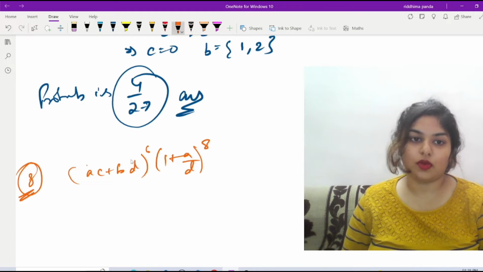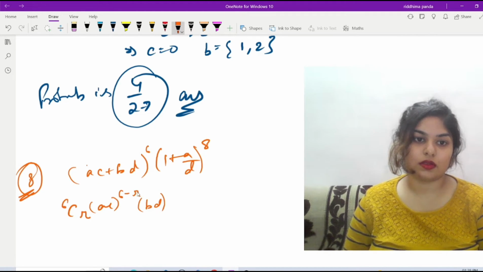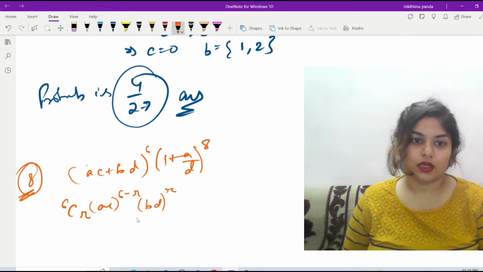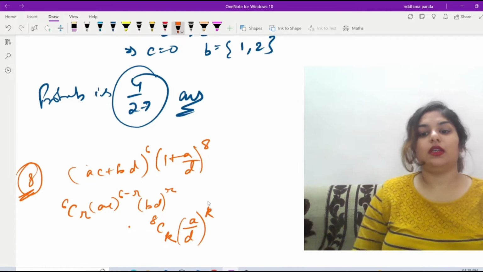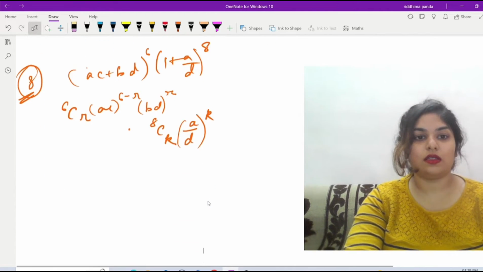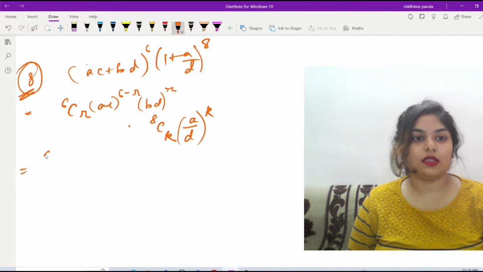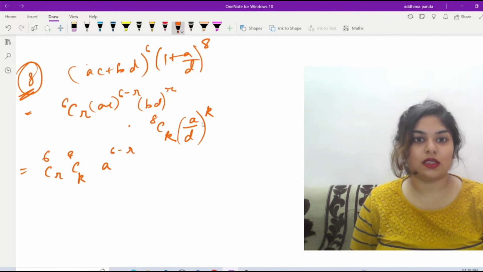First, let us write down the general form of this product, that is 6CR (ac) to the power 6 minus R (bd) to the power R into 8CK (a/d) to the power K. Now let us write this in the expansion form, that is 6CR into 8CK into a to the power 6 minus R plus K into, let's write down b.